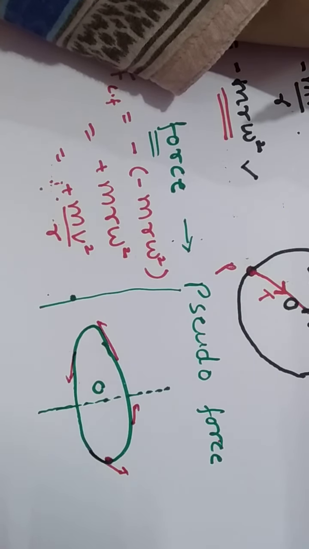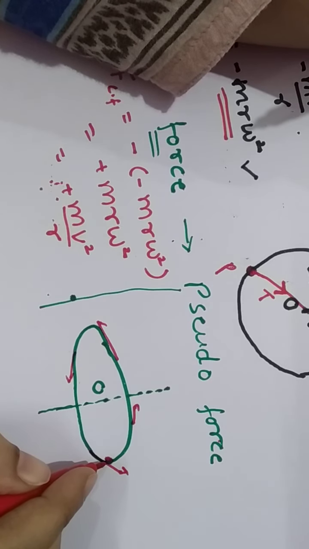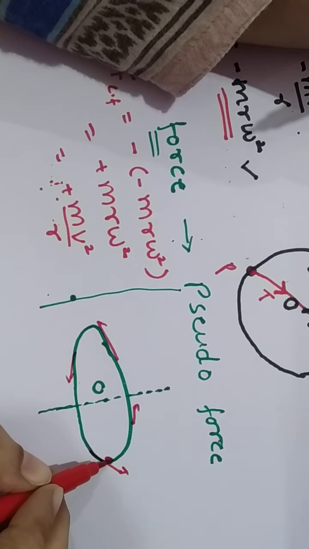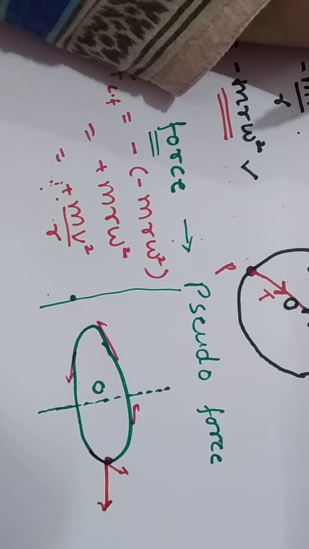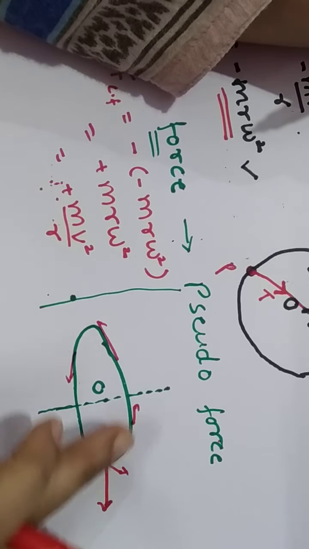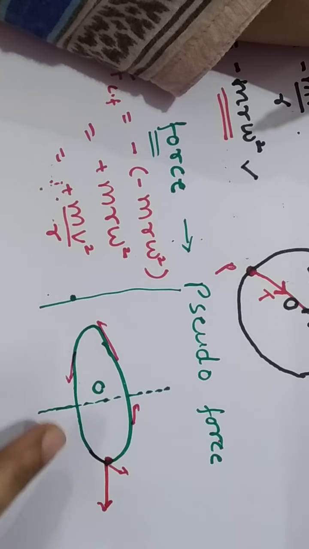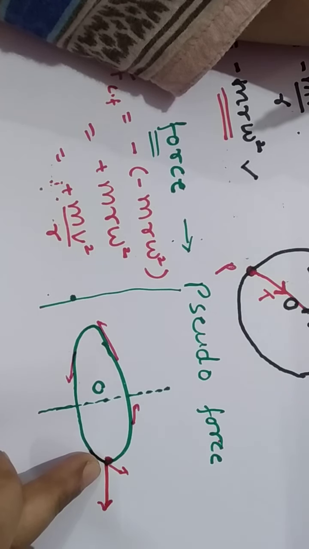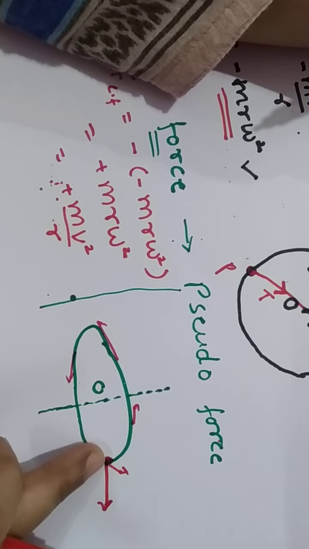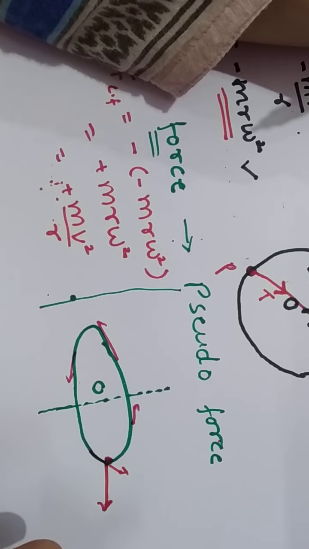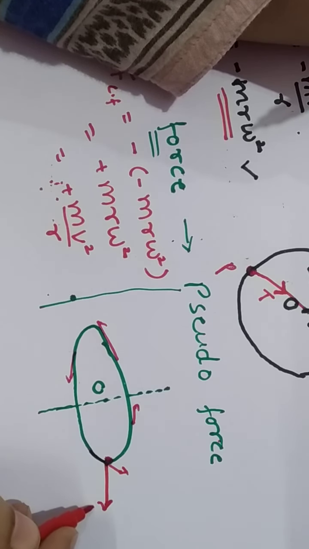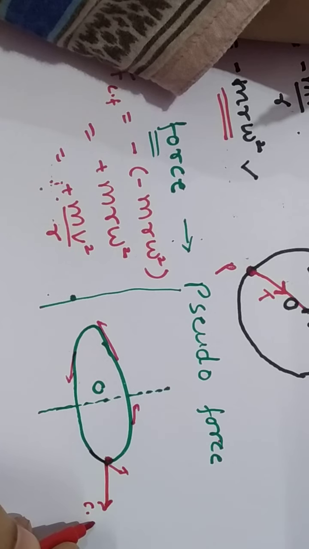Immediately, at this particular position, you will feel that if you are not supported anywhere, you will be thrown outward, because the turntable now starts rotating, it starts accelerating. Now you are in a non-inertial frame of reference. Your first observation is that you will feel you will be thrown outside the table. This is due to the centrifugal force.